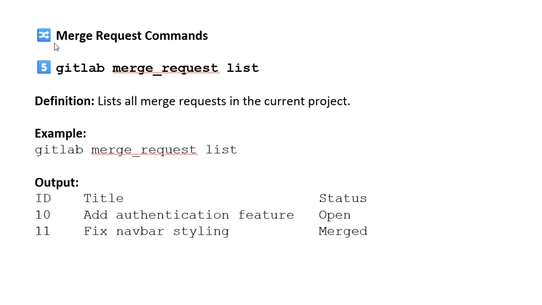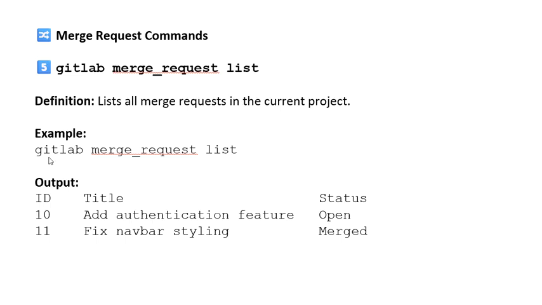The third topic is merge request commands, and the fifth is gitlab merge_request list. The definition is: list all the merge requests in the current project.